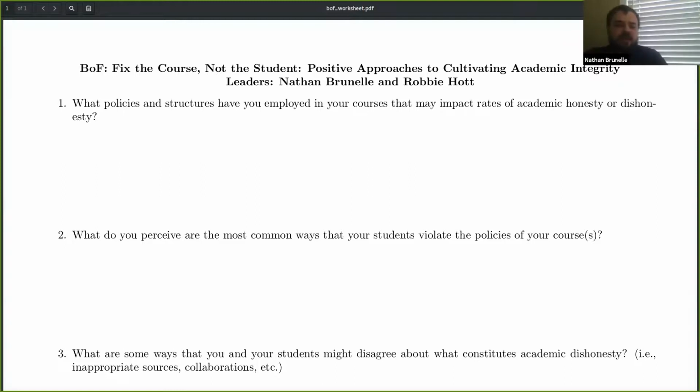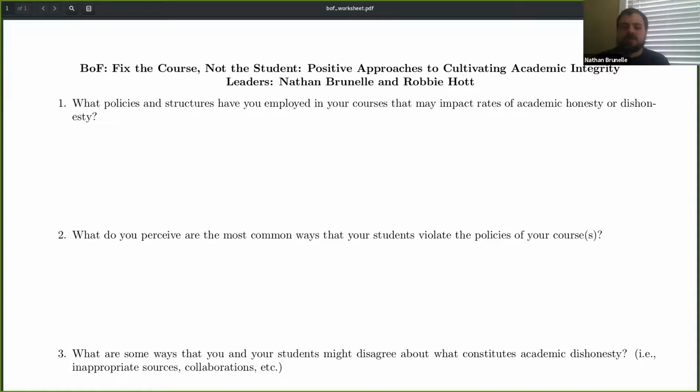And then from there, we sort of say, what do you perceive are the most common ways your students might violate those policies? So for this one, maybe consider what are actually the actions that the students are taking that are violations?